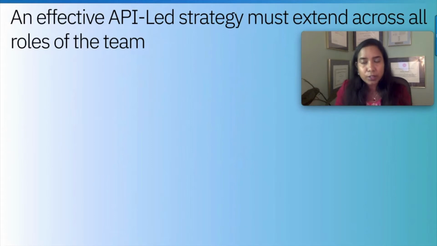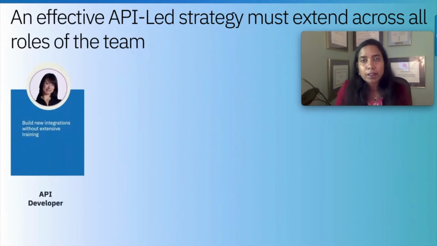Here I'm going to show you some of the typical roles involved in API management. The API developer builds the APIs. He or she would have to know enough details about what information is being exposed as APIs, but shouldn't have to be trained on all the internal systems, the databases, the services, and how they interact with each other.